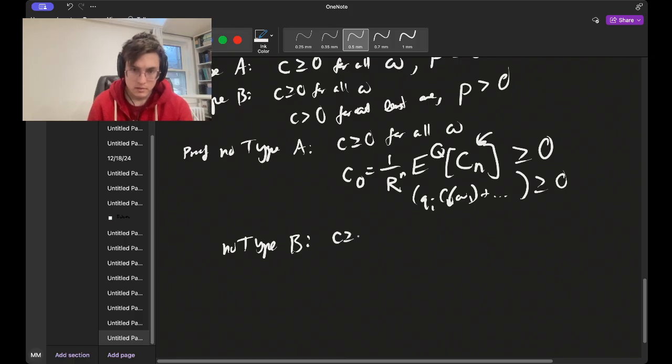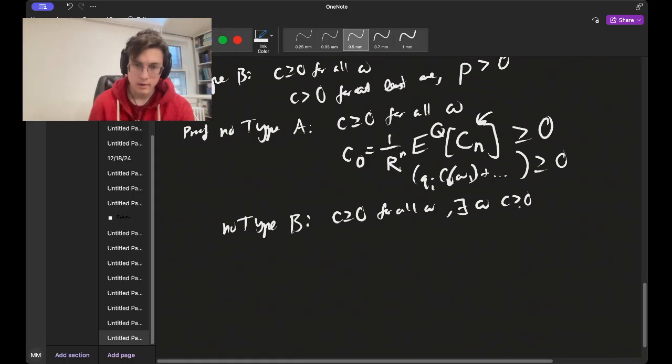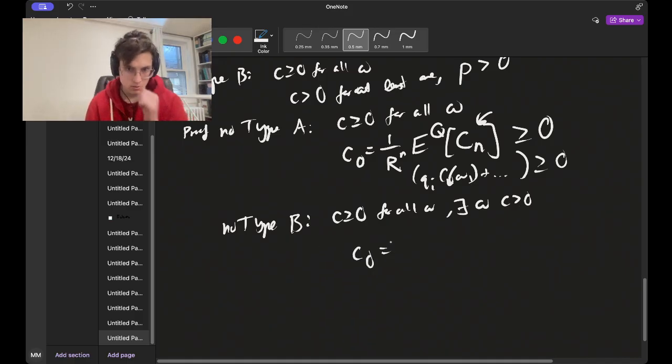So suppose C is greater than or equal to 0 for all omega, and there is at least one omega where C is bigger than 0. According to the same logic, because there is a risk neutral probability, the price of the option is equal to the payouts multiplied by the risk neutral probabilities Q for each of these states.